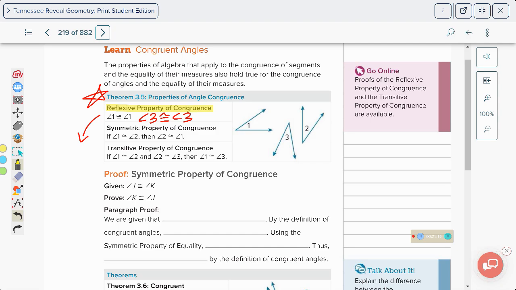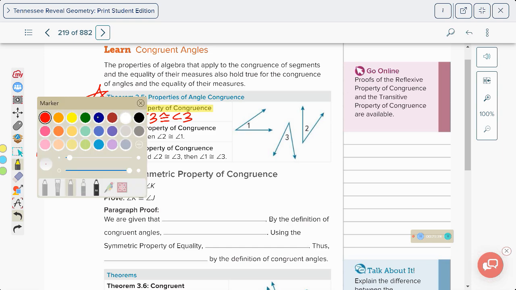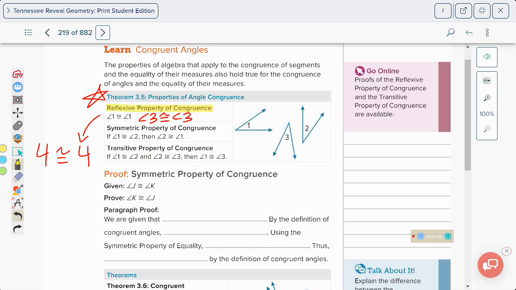Another example, you could say 4, just the value 4 is congruent to 4. But here is not an example of reflexive property. Let's say I had 2 by 2 is congruent to 4.